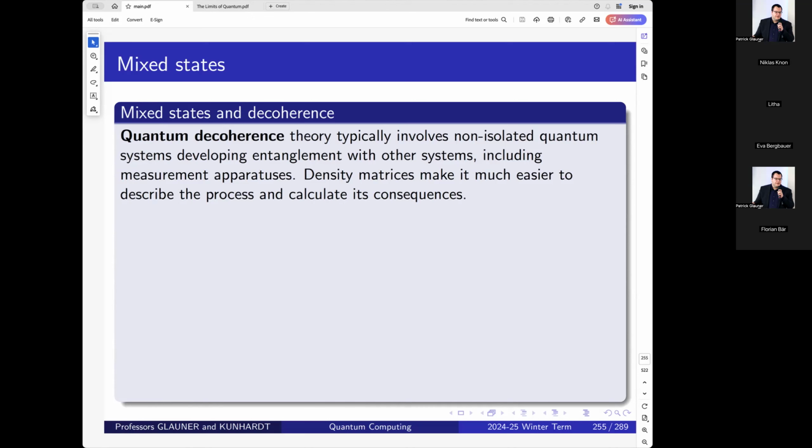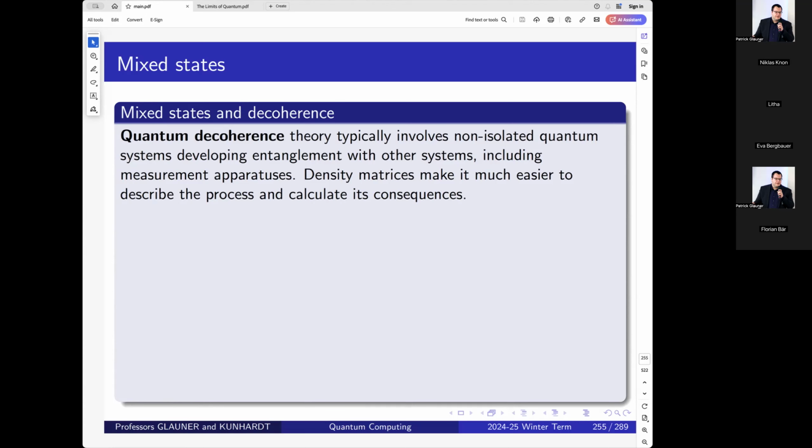When you deal with decoherence, we've mentioned this before, decoherence means that your quantum system is not perfectly isolated from the world around or with other systems, including, for example, the apparatus for measurement.